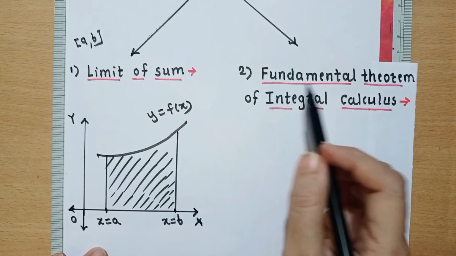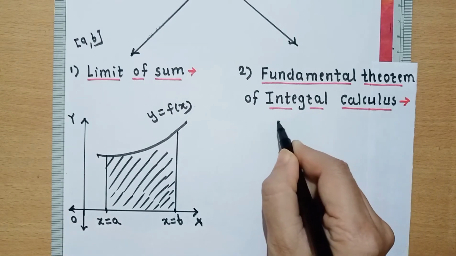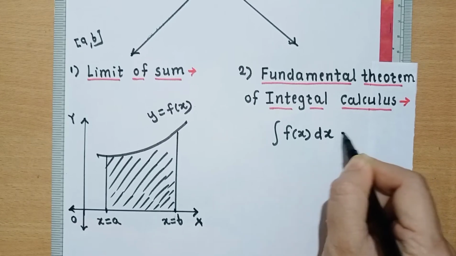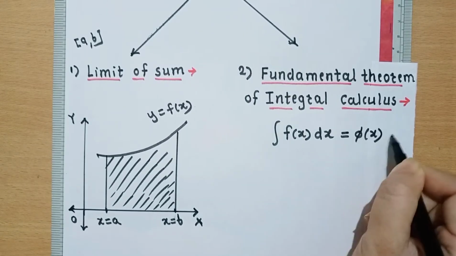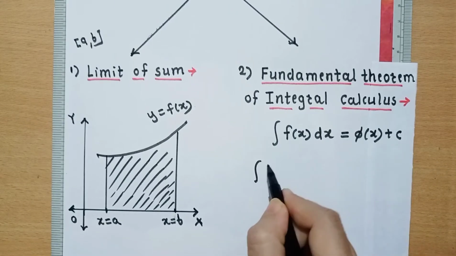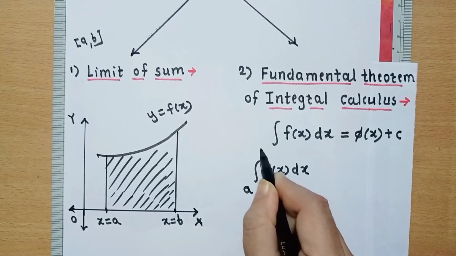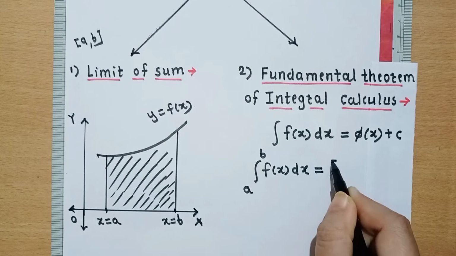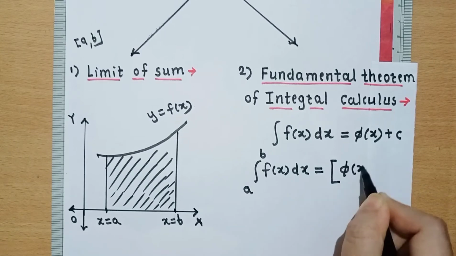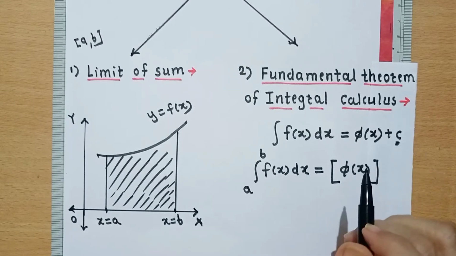First, let's check what is the fundamental theorem of integral calculus. Let integration of f(x) dx equal phi of x plus c. If we want the definite integration, so integral of f(x) dx from a to b is given by, write down first a box bracket, then write down this value. Now in definite integration, this c is eliminated.